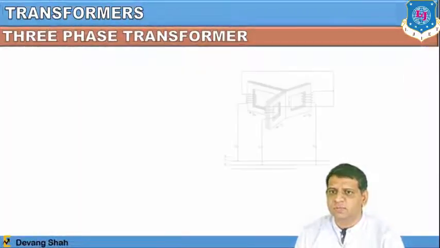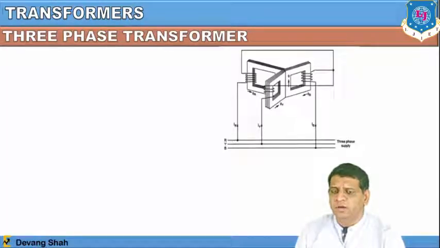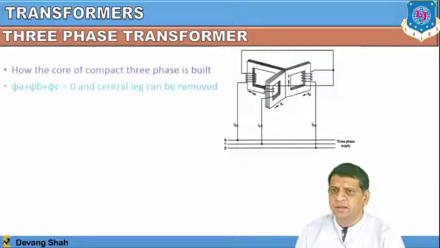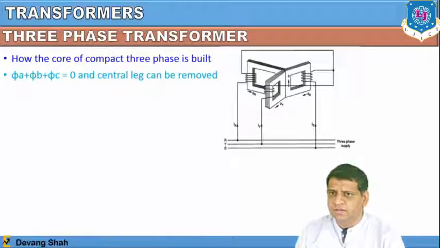In this three-phase transformer, the three cores are available, where on the limbs there are three separate windings with the primary and secondary winding. This way you can reduce the middle limb, where the central leg can be removed.